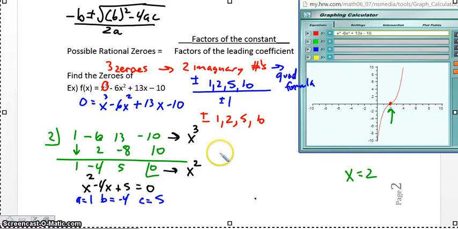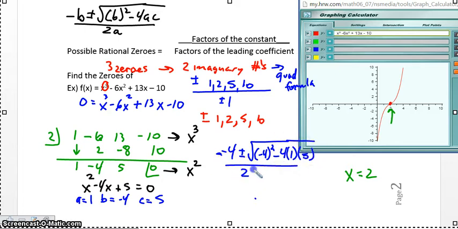So we'll plug in negative 4 plus or minus the square root of negative 4 squared minus 4 times 1 times 5 all over 2 times 1. So simplifying this, I know negative 4 is positive 4.